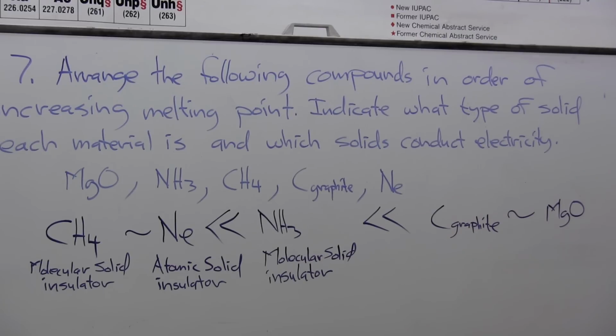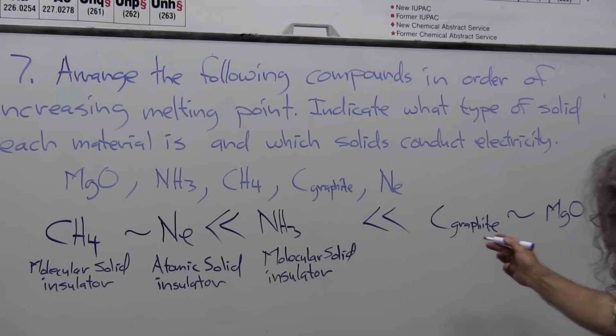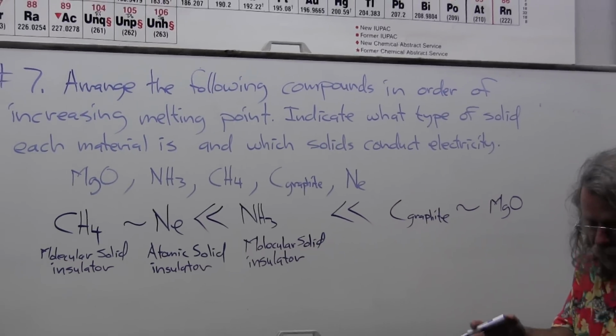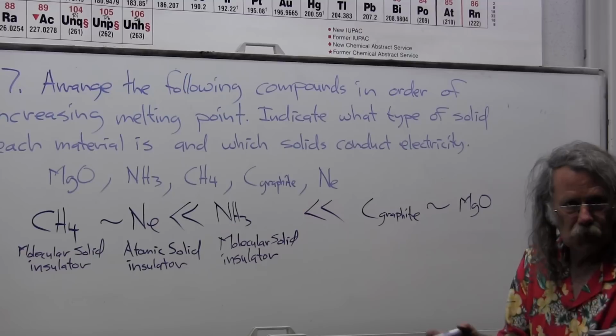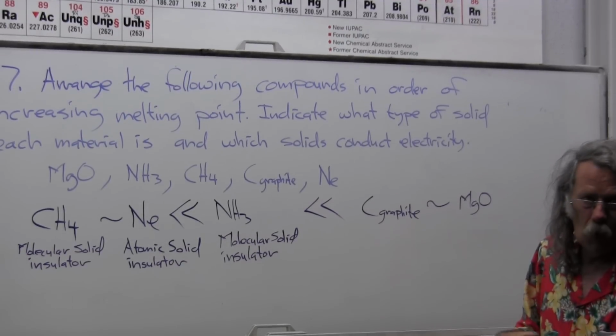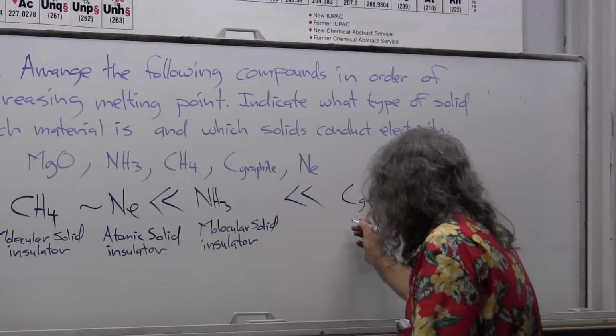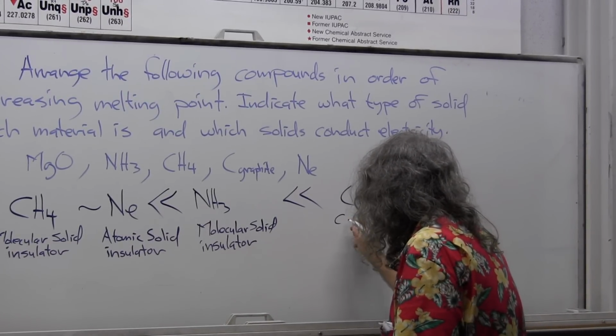There is no way I could know a priori which would be the higher melting solid. The graphite is going to be a covalent network solid. It is being held together by the covalent bonds, which are in some sort of almost infinite, very huge network of covalent bonds.